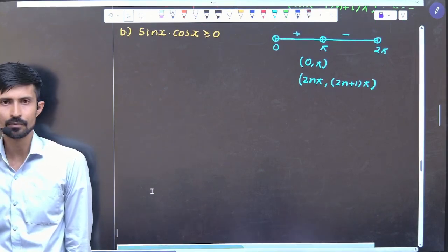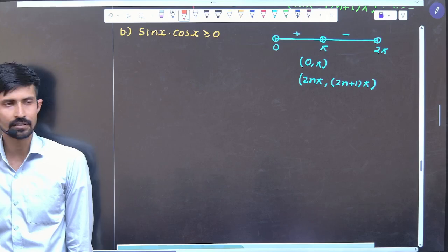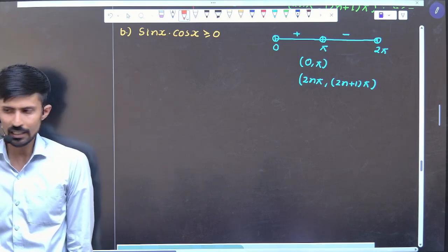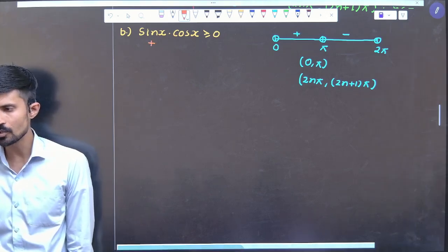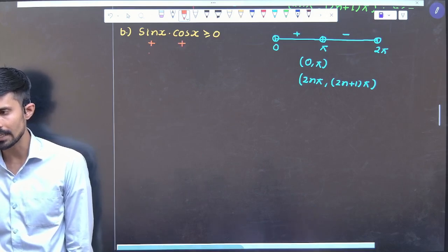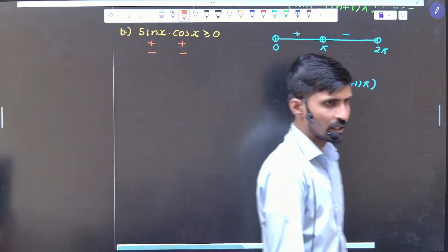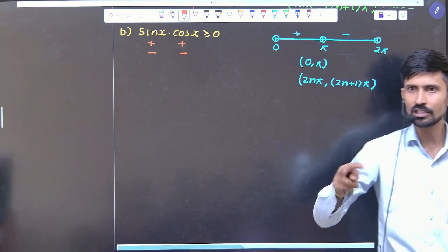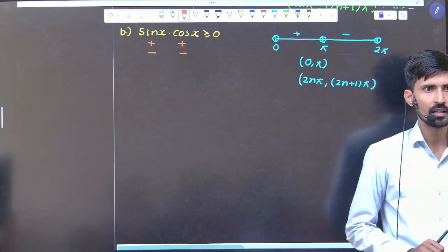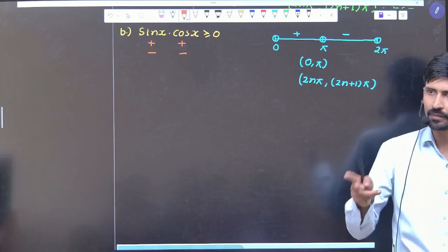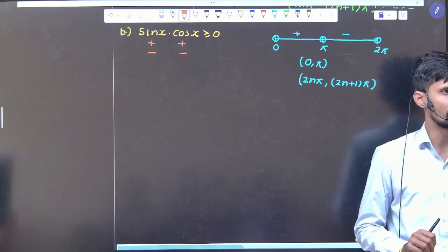Both product is positive, right? This is only possible when sine is positive and cos is positive, or sine is negative and cos is negative. Either both are positive or both are negative. If both are positive, positive into positive is positive. And if both are negative, negative into negative is also positive. Yes or no?